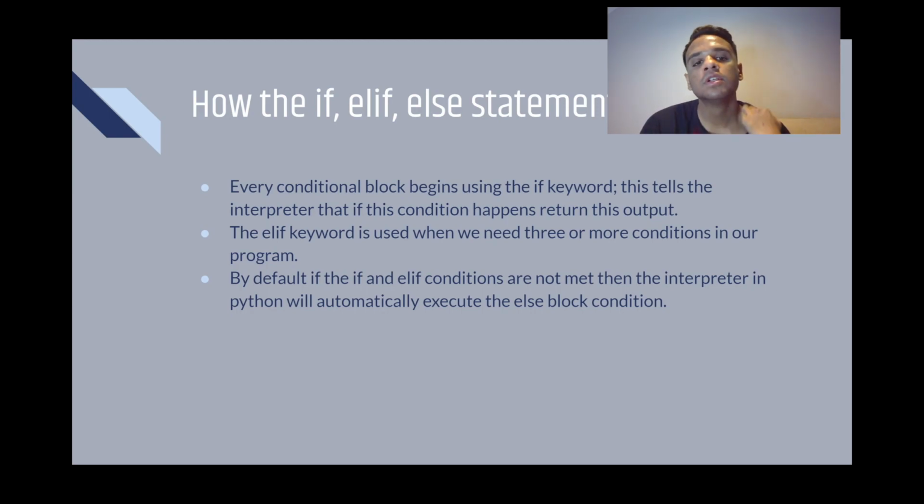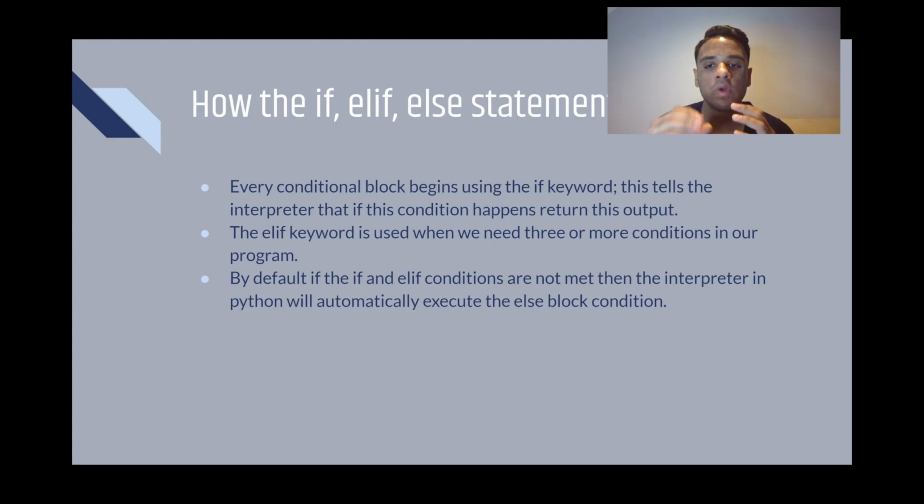This tells the interpreter if this condition happens, do this. That's why we start with the if statement. But then we use the elif. Now, we only use elif if we have three or more conditions. So if we have more than two conditions, we will use the elif because we want, if this doesn't happen, then we do this. Otherwise, we just go by default to the else.